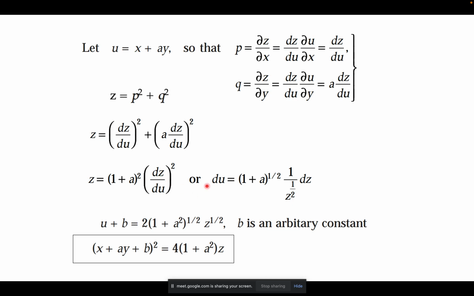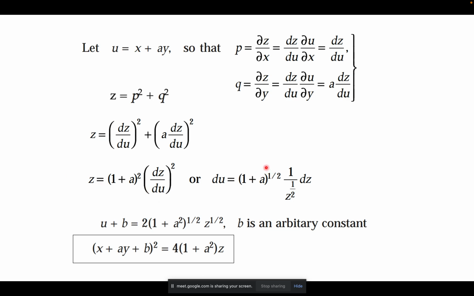Okay. So now what you can do, you can simply do the square on both sides, right? So here I have corrected my mistake, but again here just to show you what you can do, you can simply write this as du on the left hand side, right? And z you can bring here, because as I told you, if you do such a method where you change the variable, you will get an equation which you can solve by simply changing the variable.